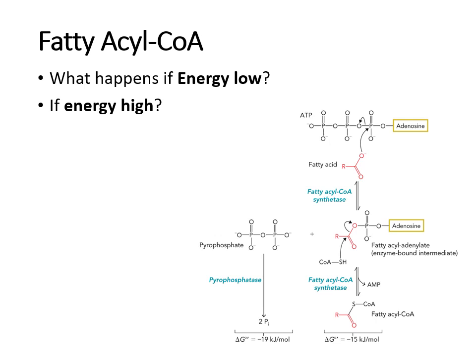So when the energy is high, synthesis is going to be favored, and you will have a block or inhibition preventing fatty acyl CoA from getting imported into the mitochondria. You don't want the fatty acyl CoA to go into the mitochondria if you have lots of energy. Instead, you want to go toward synthesis. So something called malonyl CoA will inhibit mitochondrial import of the fatty acids.